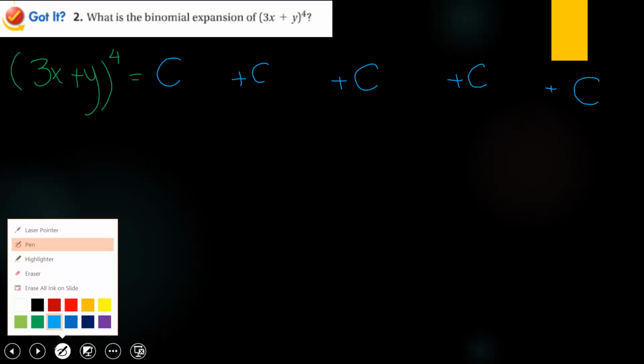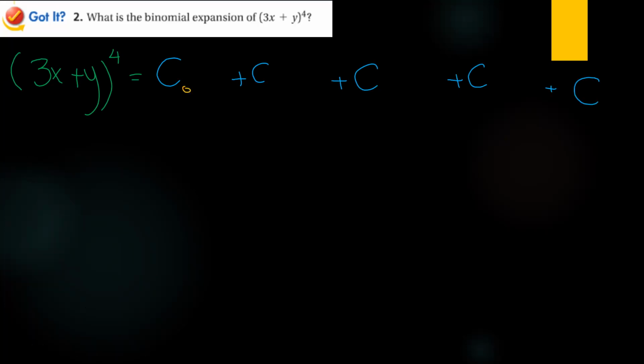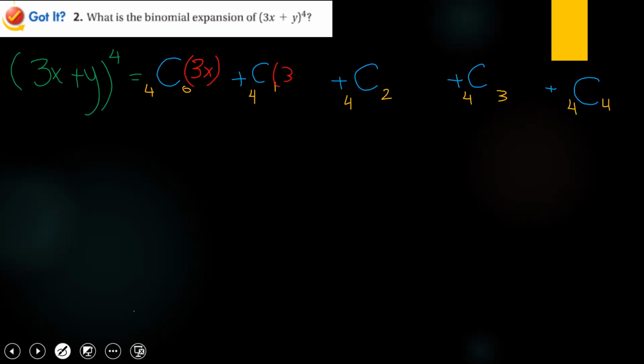Then 0 from 4, 1 from 4, 2 from 4, 3 from 4, and 4 from 4. Then where's the first term? It's 3x. So I have to write 3x here, and 3x here, and 3x here.